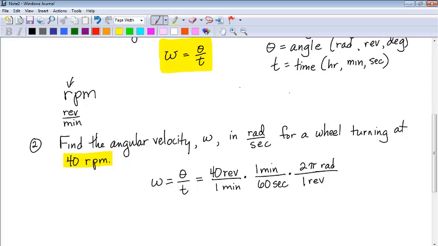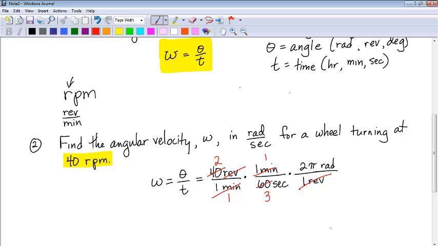Reduce it. Your reducing may not be identical to mine, but the final answer should agree. The minutes divide out. Don't say they cancel; say they reduce or they divide out. The revolutions divide out. You can reduce the 40 and the 60: 20 goes in there twice, and 20 goes in there 3 times.